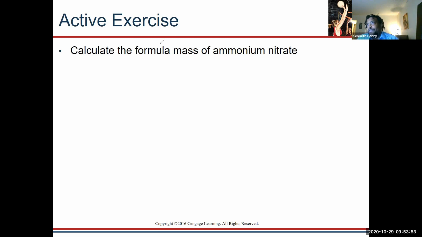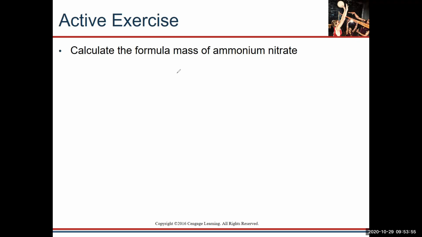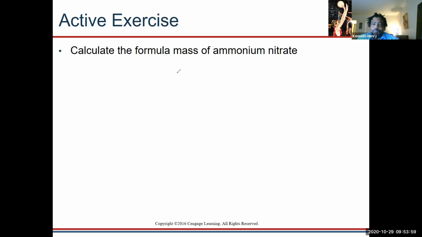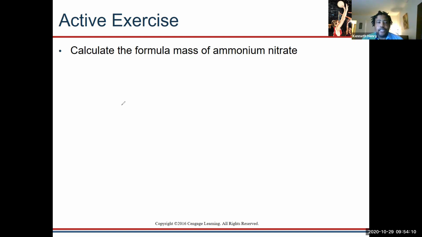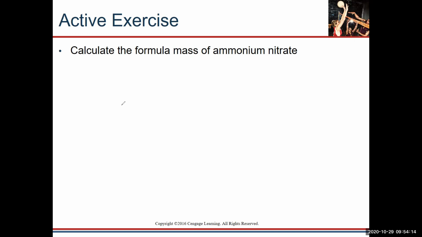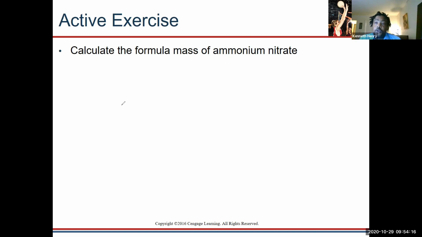There's 29 of you. Wait, you want us to calculate ammonium nitrate? Ammonium nitrate. Okay. Melissa, what is the chemical formula for ammonium nitrate?